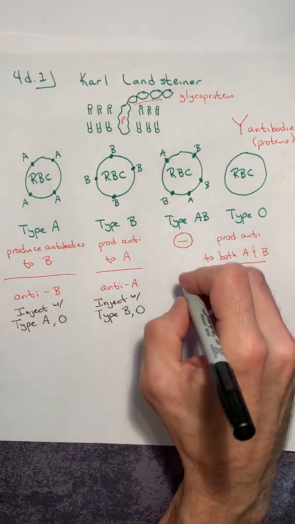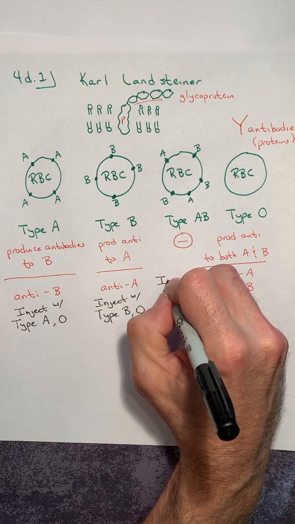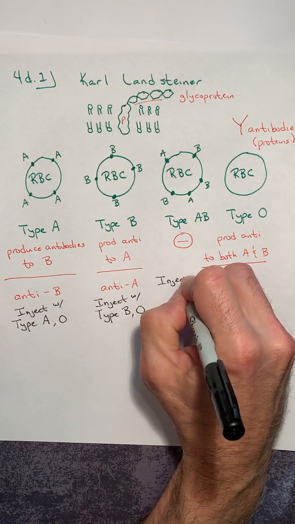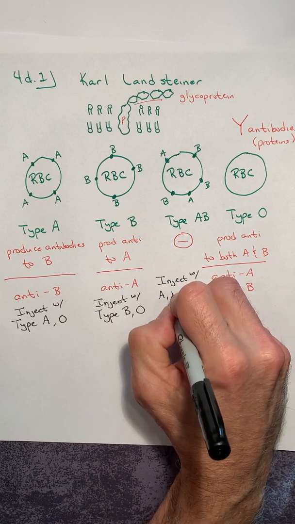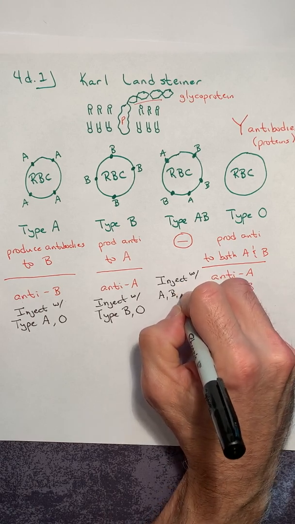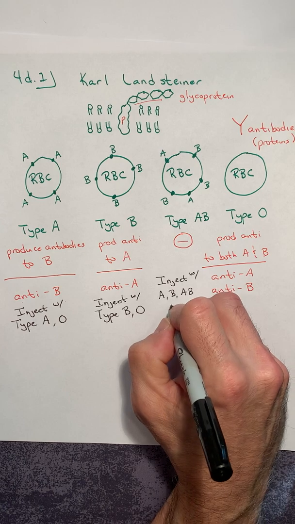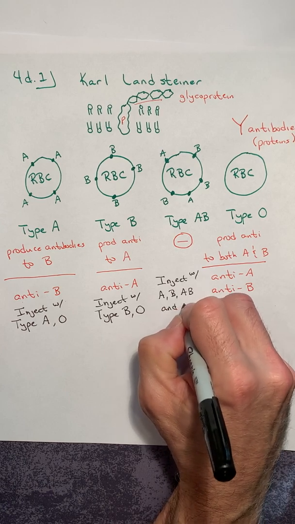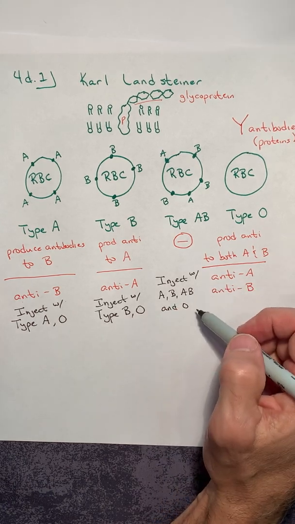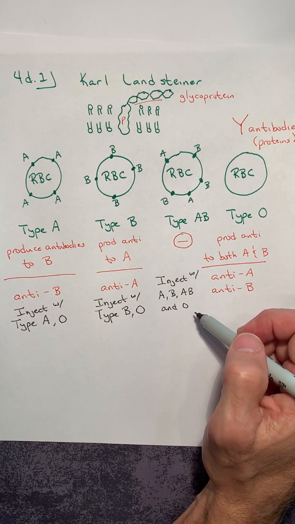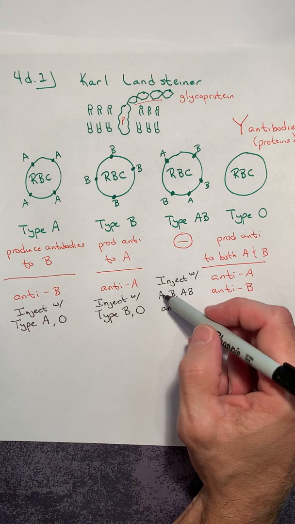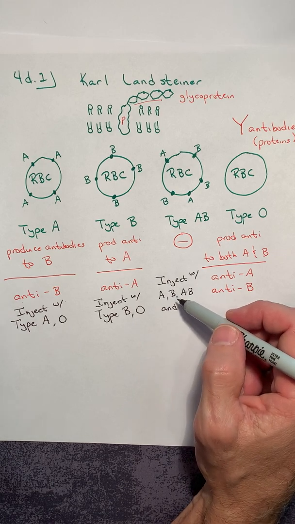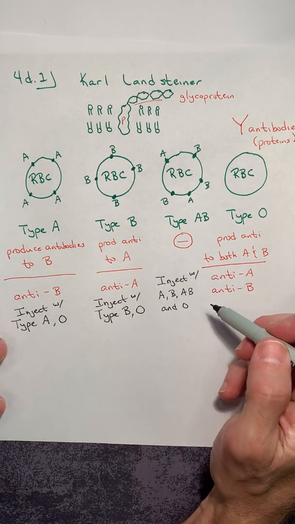and inject. Now here's what's cool about being type AB blood. You can inject them with A, you can inject them with B, you can inject them with AB, and you can inject them with O. Ignoring the positive negative blood types, and we'll talk about this in just one second, you can inject any kind of blood, ignoring positive, negative, into these individuals.